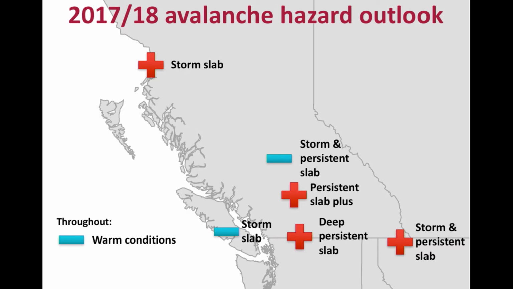Same thing with the storm and persistent slab situations: possibly less in the interior ranges, but in the southern Rockies, which I guess is your northern Rockies, possibly more of them. And throughout, fewer warm conditions. As far as ski quality goes, that sounds good to me.